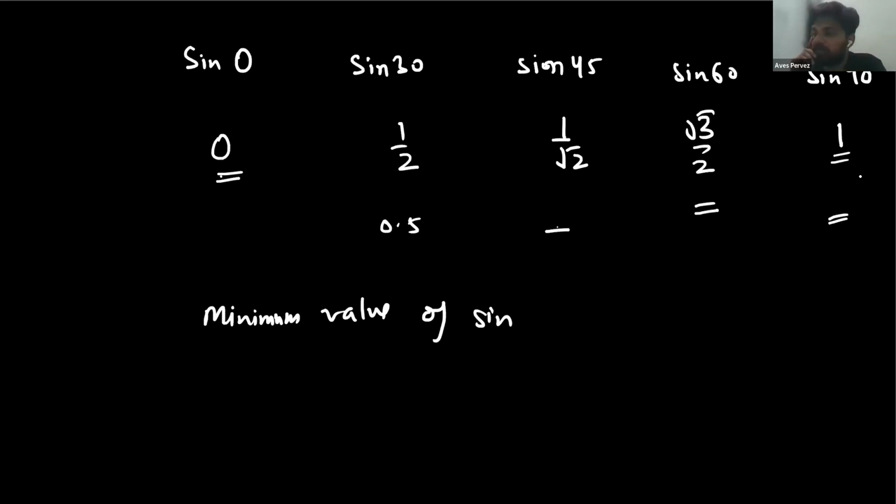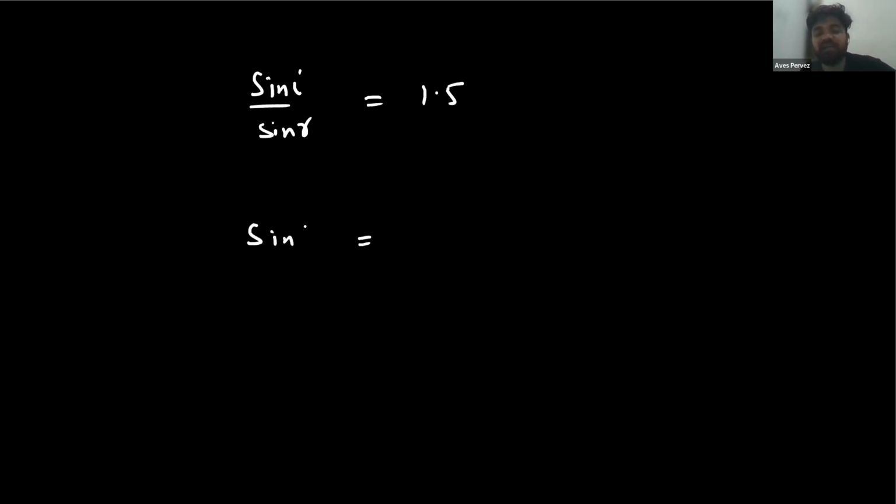Got it? Yes, sir. Now, if I say sine i by sine r for glass is 1.5, and this is sine 30, then what should be the value of sine r?